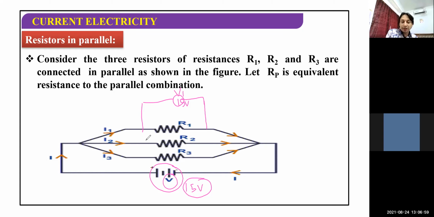Similarly, if you connect a second voltmeter across the second resistor in the parallel combination, I am emphasizing the word parallel, V2 is also the same, whatever the total voltage, still it will be 15 volt. Similarly for the third resistor also, the voltage remains the same in parallel combination.